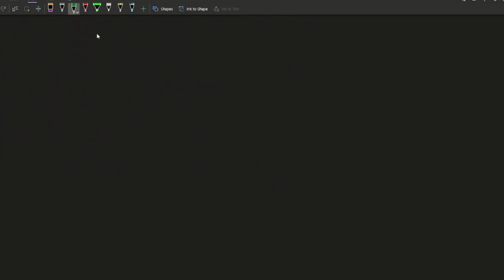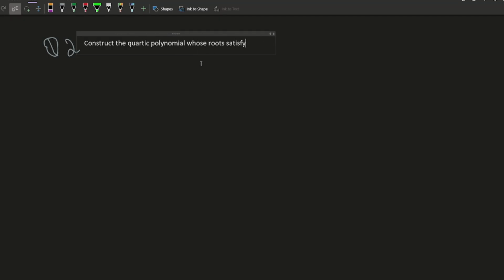Now question number 2. Okay, this is a different one. Let me actually write it down. Construct the quartic polynomial whose roots satisfy: alpha plus beta plus gamma plus delta is equal to 10.